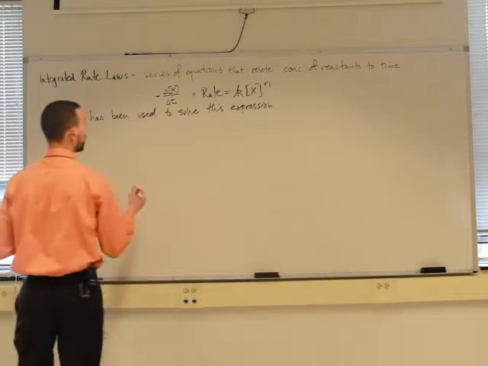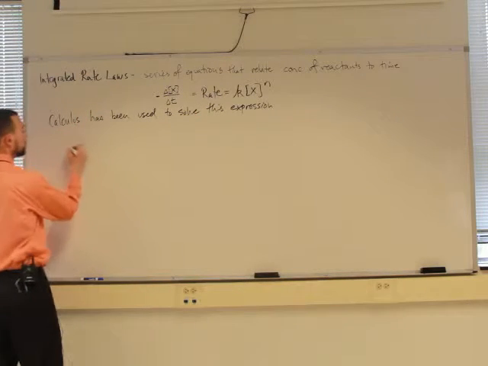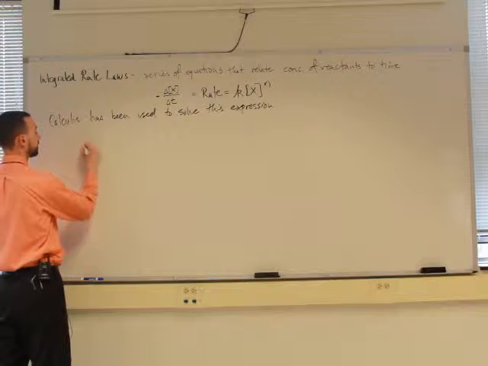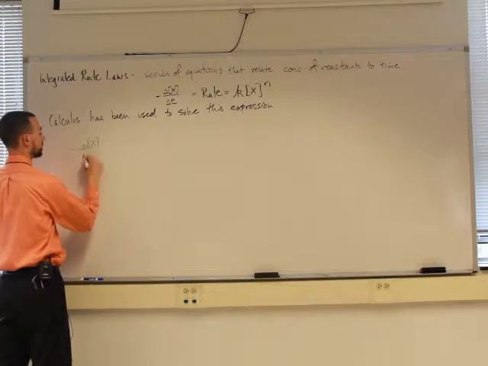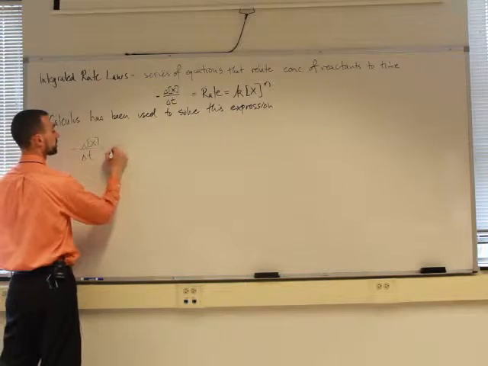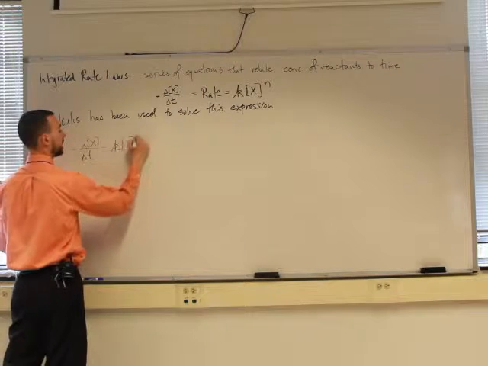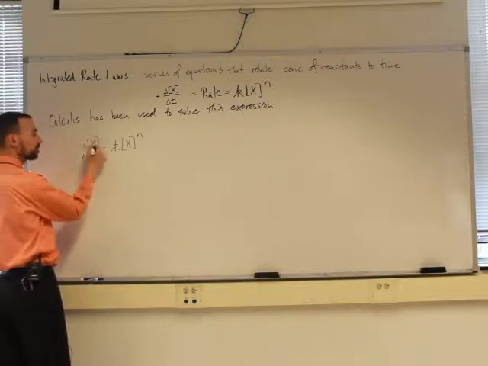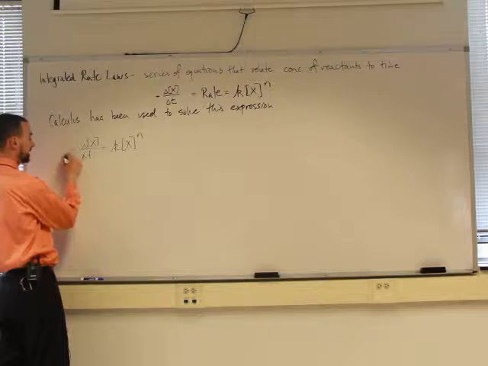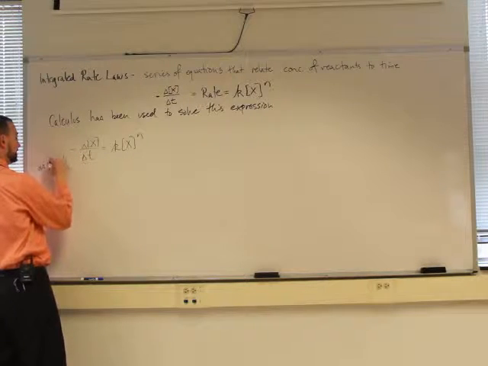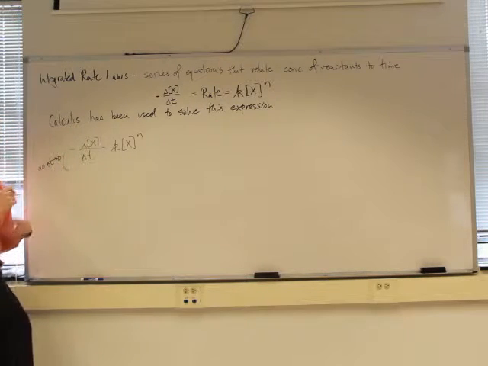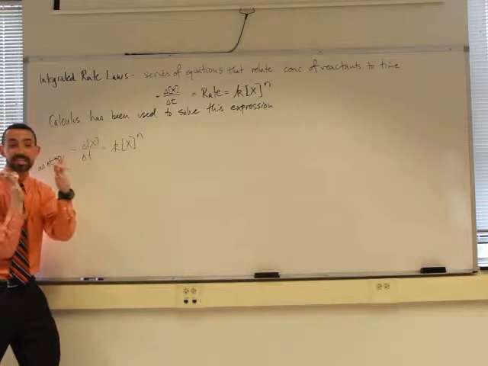If I could briefly show it to you, for one of these orders, what you would do is take this negative delta x over delta t equals k x to the n. So this would become, as delta t goes to 0, that's what calculus is, you'd make that delta get smaller and smaller.